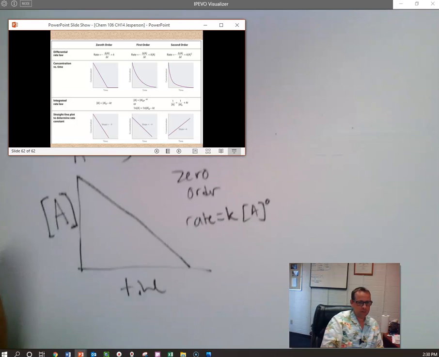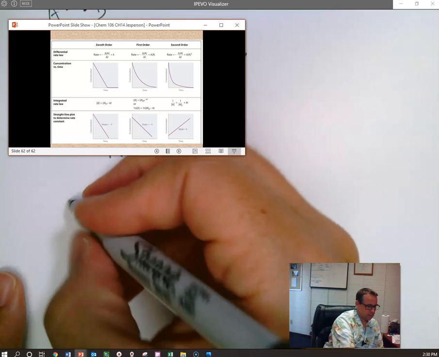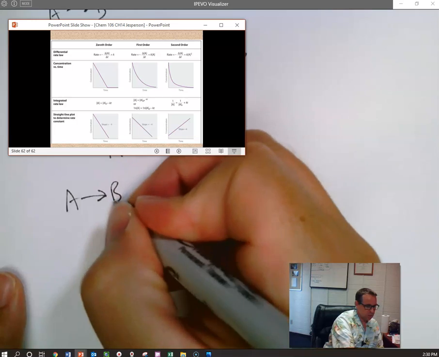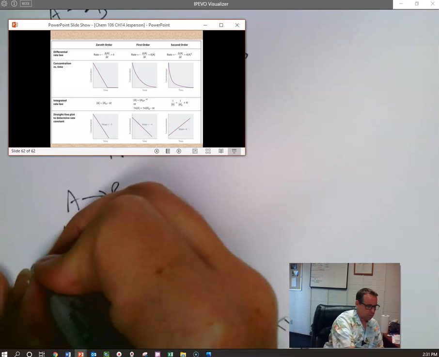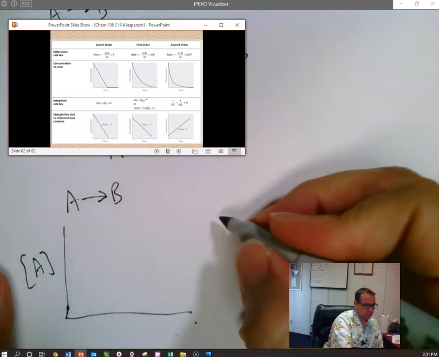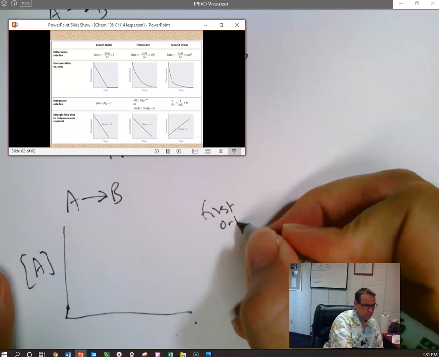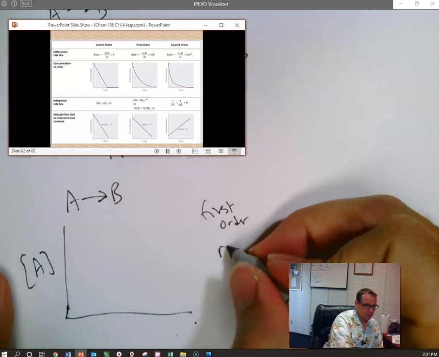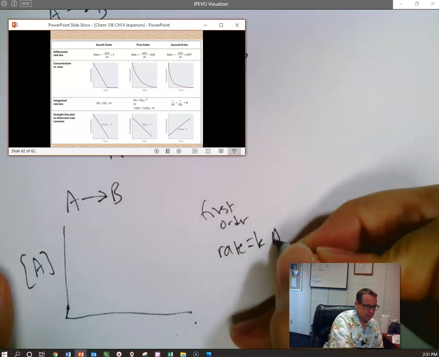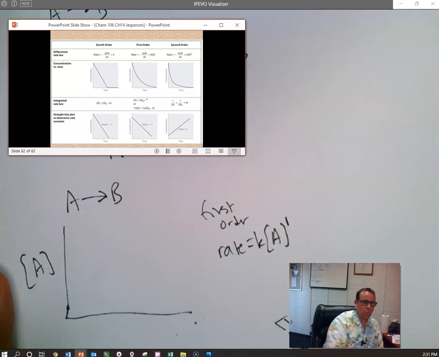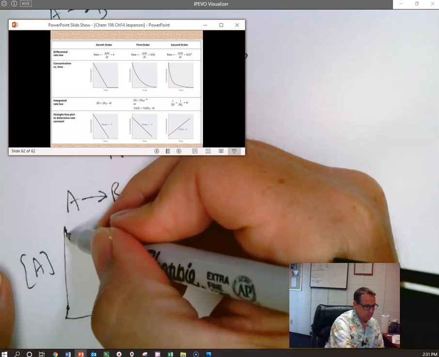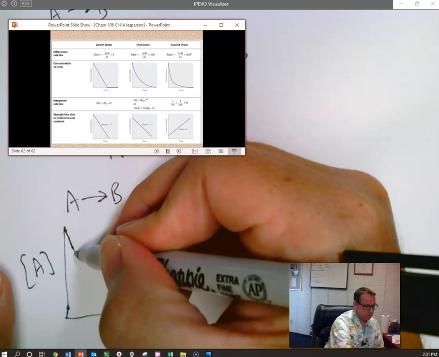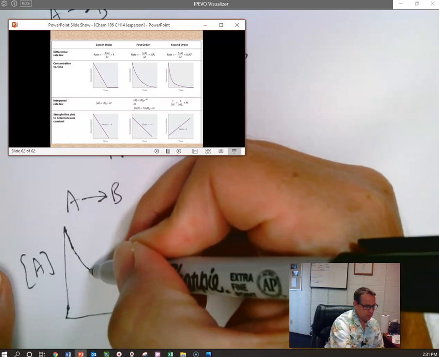Now, if you have the rate of a reaction, same reaction, but if the reaction is first order, then the rate law will look like this, A to the 1, and as the material disappears, just like before, it will disappear, but then as the concentration of A goes down, the rate of disappearance will slow.